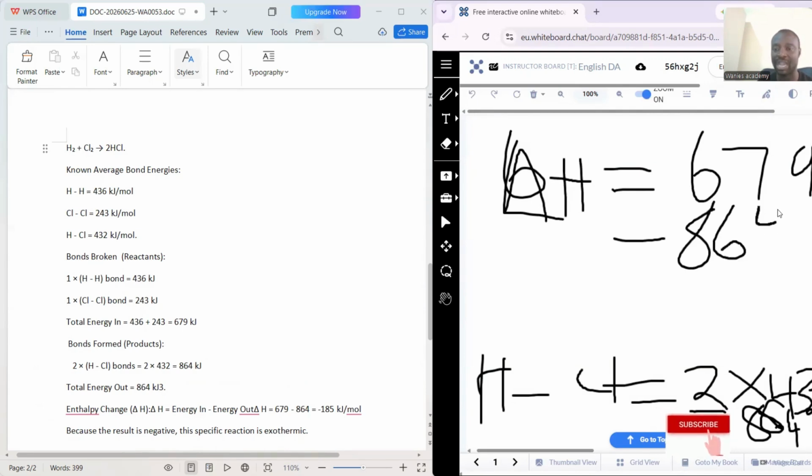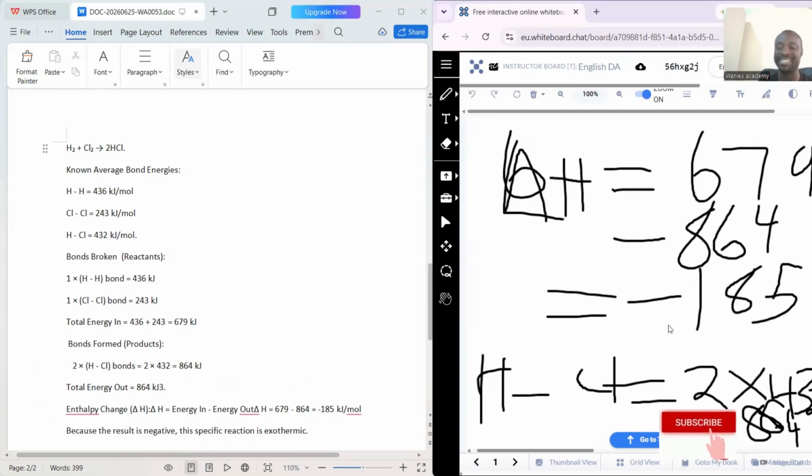So 679 minus 864 gives us minus 185 kilojoule per mole. That is the change in enthalpy for this reaction.